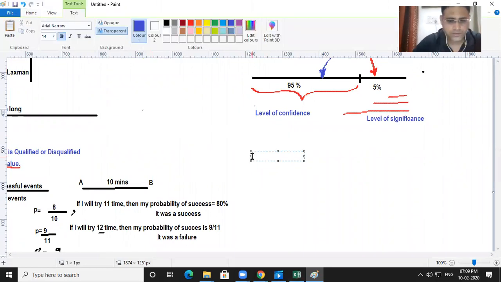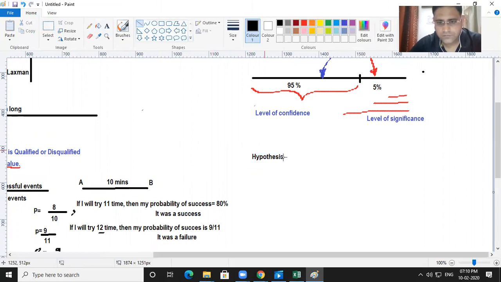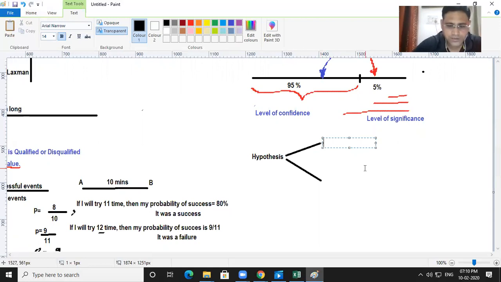If I talk about hypothesis, when I propose a hypothesis, that is known as my null hypothesis, which is denoted by H naught.